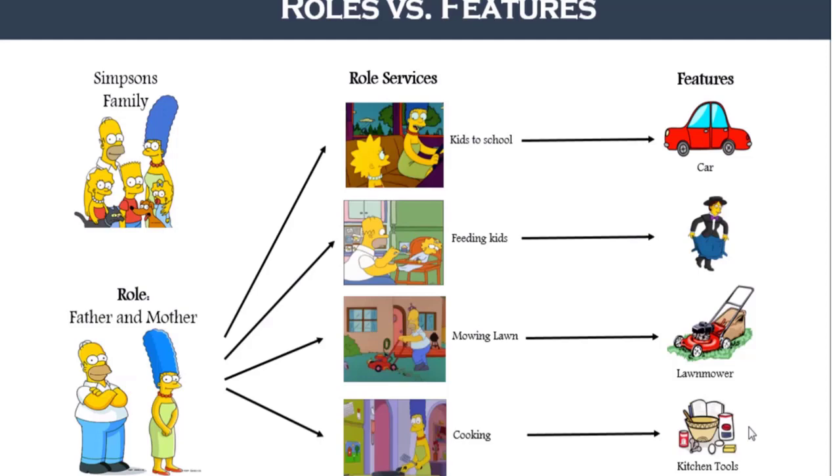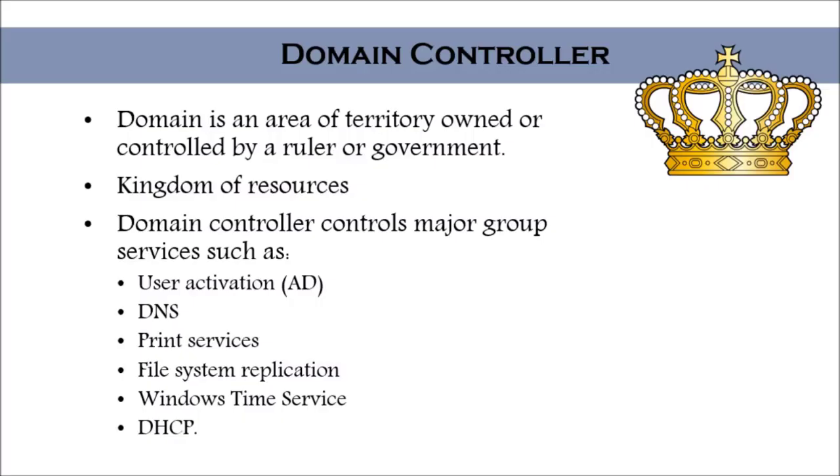Likewise, kitchen utensils are the features, and cooking is the role service. So when you talk in terms of Windows, you have certain roles, and these roles contain some role services, and these role services contain some features. I will explain in a future video how to install role services and features. So let's move to the next slide.